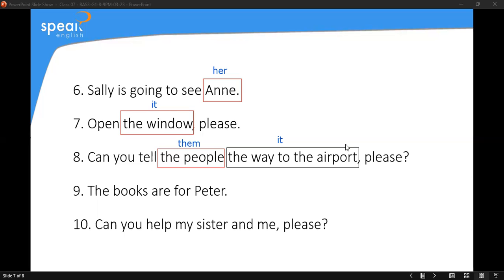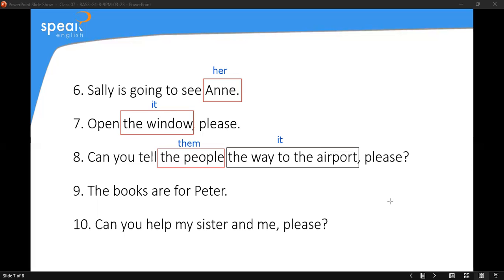Okay, maybe not. Mauricio, can you read the sentence number 9, please? The books are for Peter. Thank you very much. So what is the object here? The books. The books is the object?